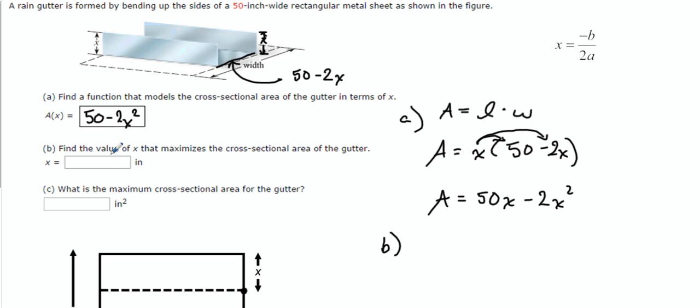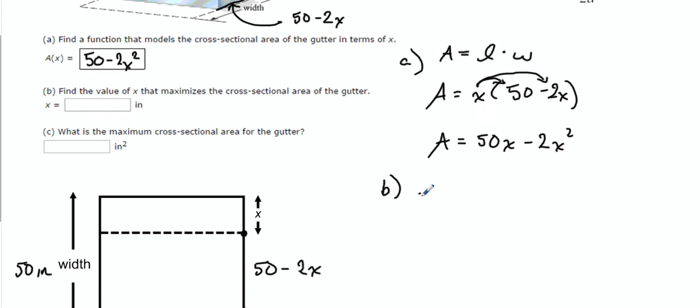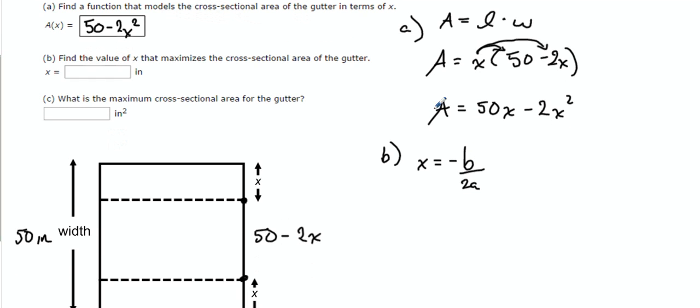Part B asks us to find the value of x that maximizes the cross-sectional area of the gutter. And we're going to use the formula that we used in the previous problem, x equals negative b over 2a. So let's write x equals negative b over 2a. We're going to use that on this function here.